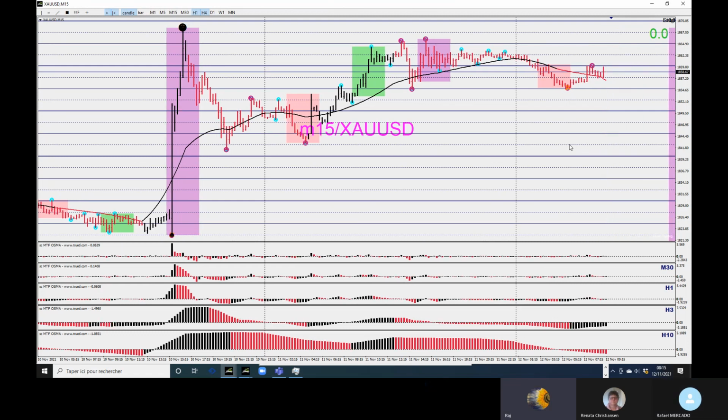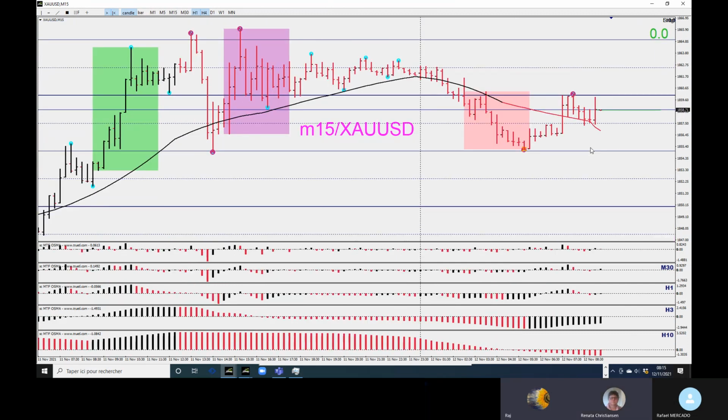But when you drop to the 15, you have a two ball retracement happening. So if you're going to go three ball to three ball on a retrace, right now there is no trade on gold, because you're waiting for either the scalp to play out or the long term to play out. The H3 and H10 are in conflict. There is no trade.